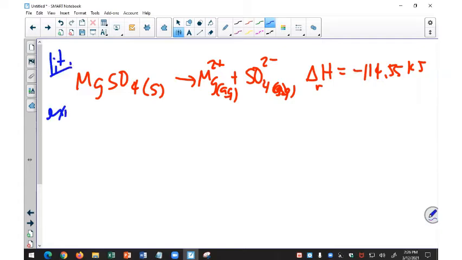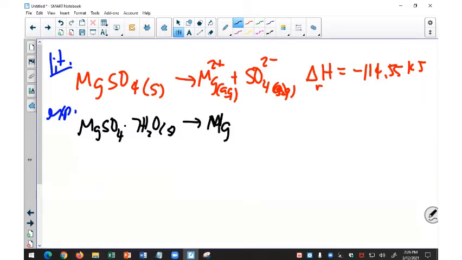Our experiment, we have magnesium sulfate. Let me write this in a different color. Magnesium sulfate heptahydrate solid yields magnesium ions plus sulfate ions plus 7 H2O liquid.